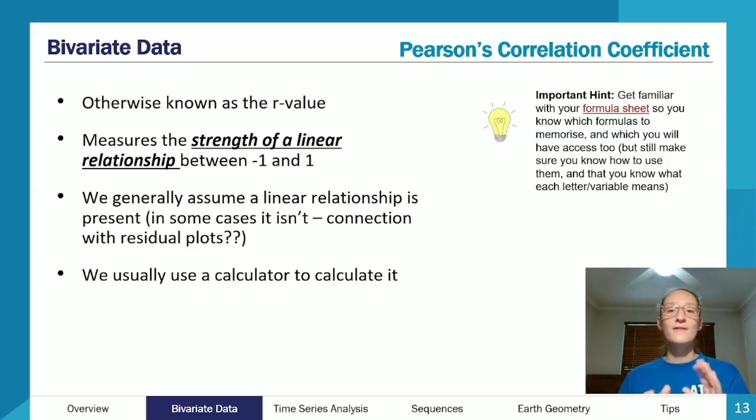Because sometimes we can learn a few different formulas, and it's really important to know which one you're going to have on your formula sheet so that you can make the decision: oh, I actually don't like that version of the formula, so I'm going to memorize this one because I think that'll be most helpful for me. Or you can go, no, I just want to use the formula on the formula sheet. So you need to make sure you know what the variables mean and represent. Because if you don't know what I or R or T in a certain formula represent, then it's not actually a very helpful formula. So the more familiar you are with the formula sheet, the more helpful it will be come exam time.